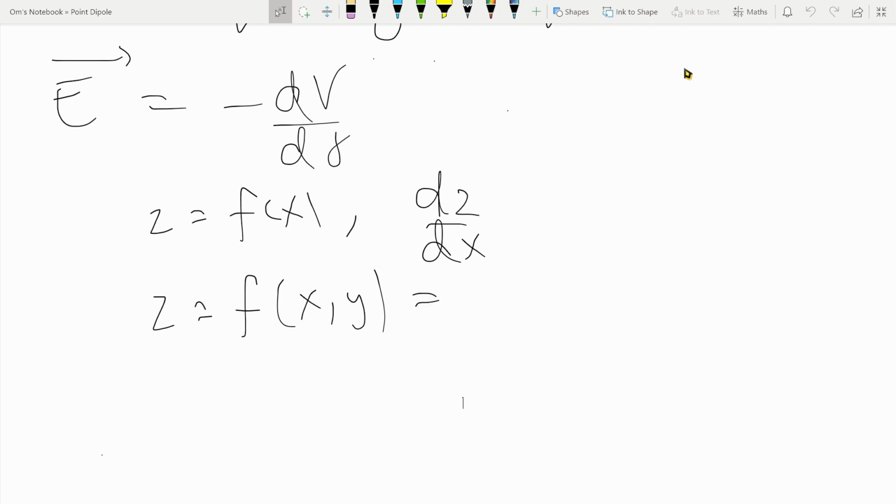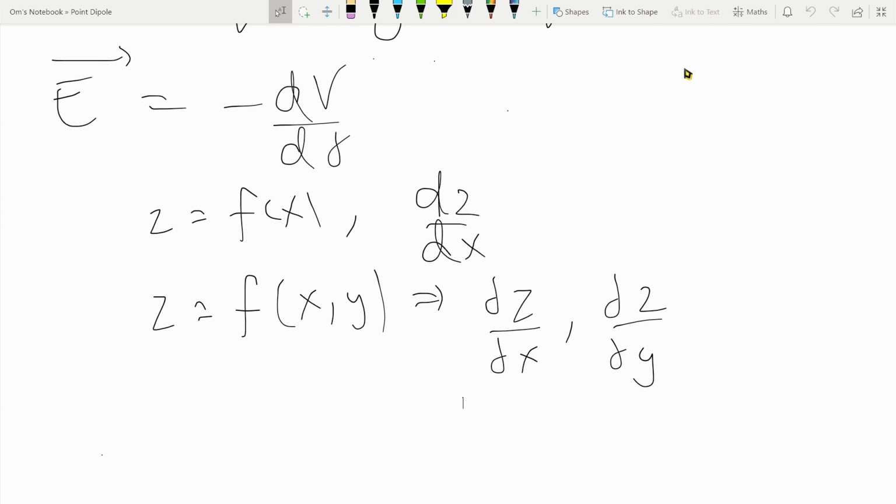And we denote this by calling it a partial derivative like this. It is del z by del x. That is, if you're differentiating with respect to x, we keep all other variables that the function is dependent on constant. So in this case, we will be keeping y constant, and where we're differentiating with respect to y, that is, if I have to write del z by del y, in this case, x would be constant.